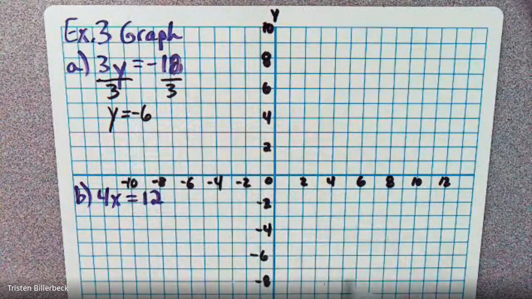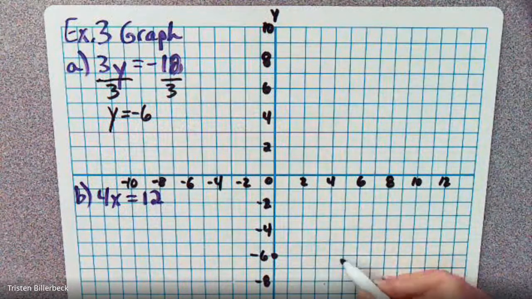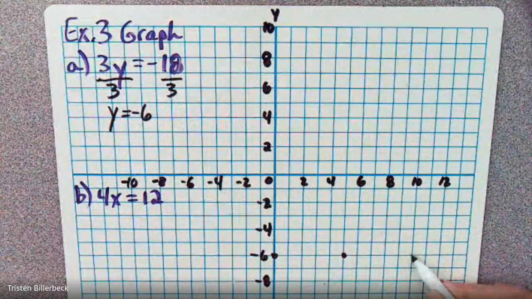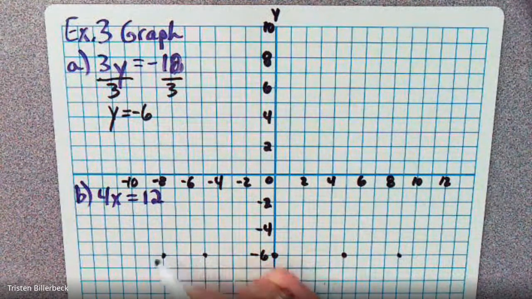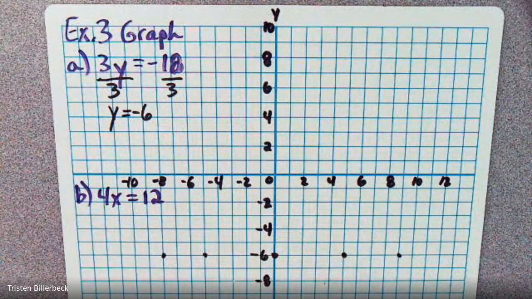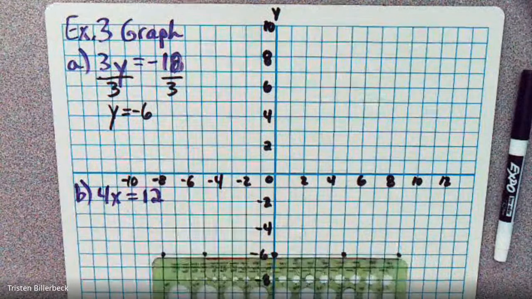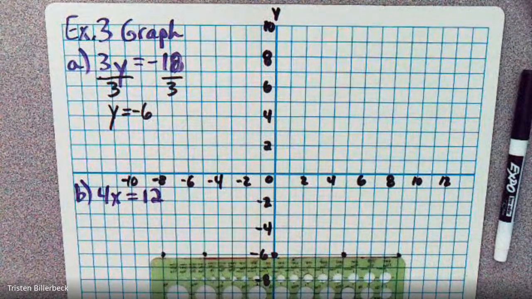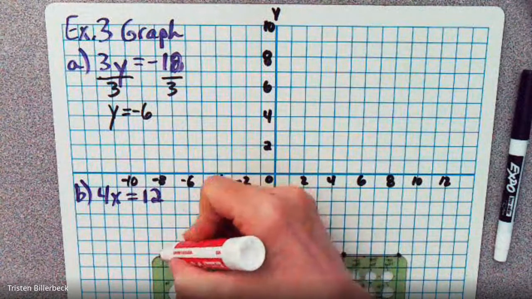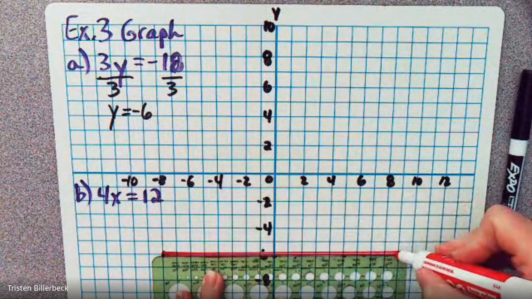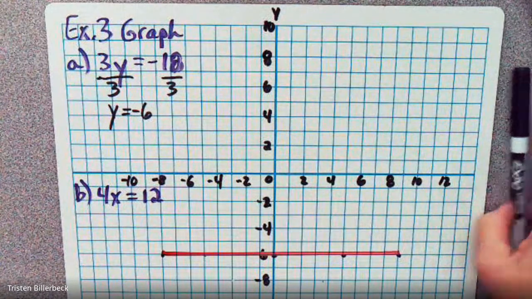So that means y is negative 6 right here, and y is negative 6 right here, and right here. It's just always negative 6. So despite the fact that we want y to be vertical, it is not. It's a horizontal line. Okay, so it becomes y equals negative 6 like this. And it's just counterintuitive, but that is y equals negative 6.